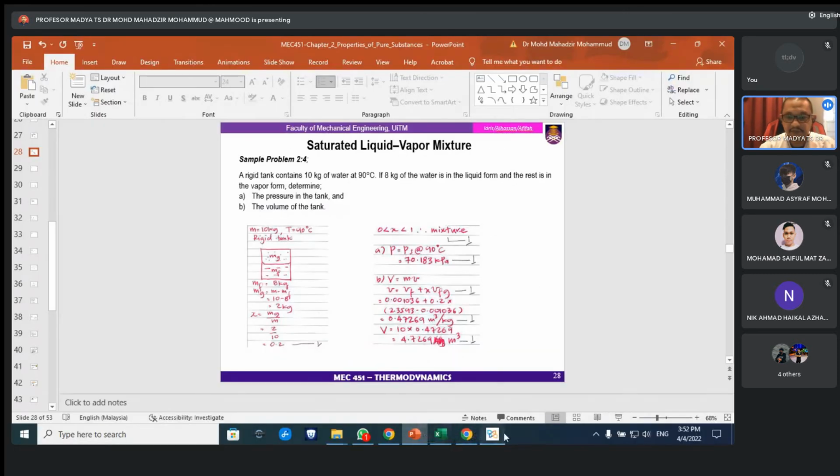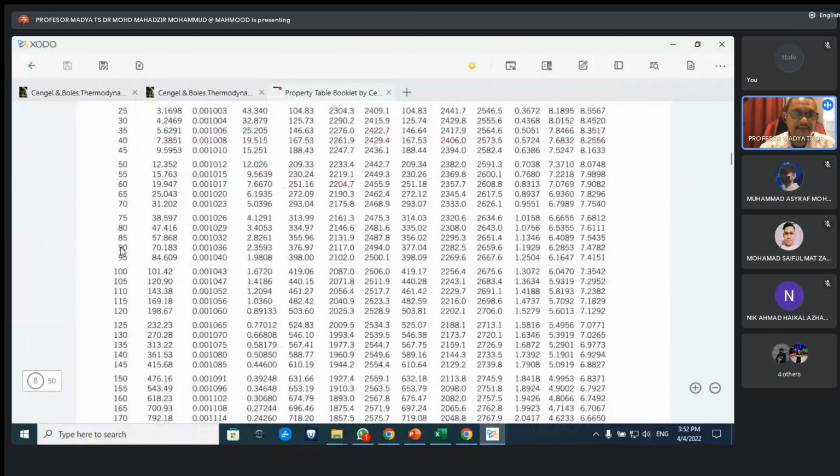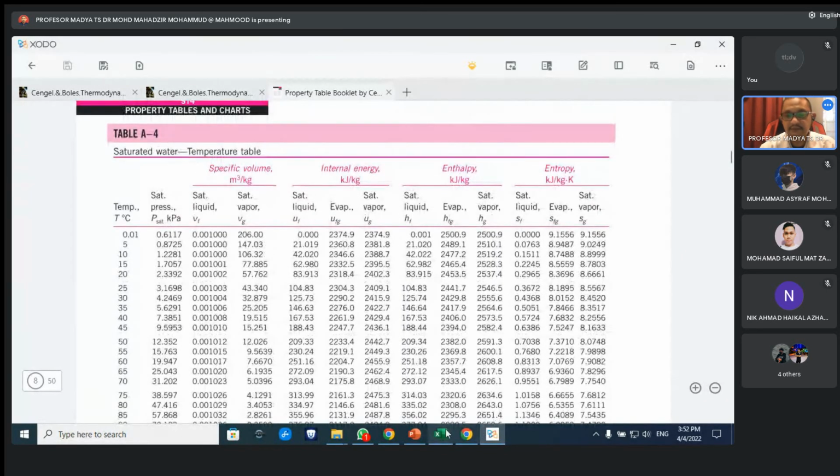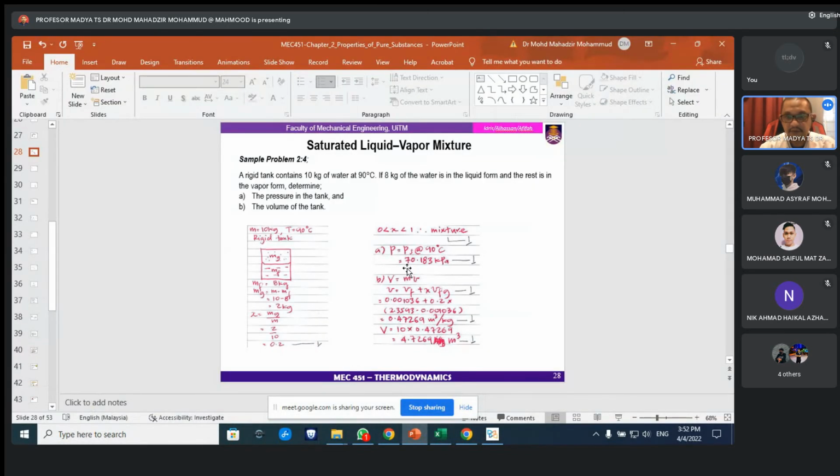Here we go to the properties table. Find 90 Celsius, and the pressure is 70.183 kilopascal. That is the answer.